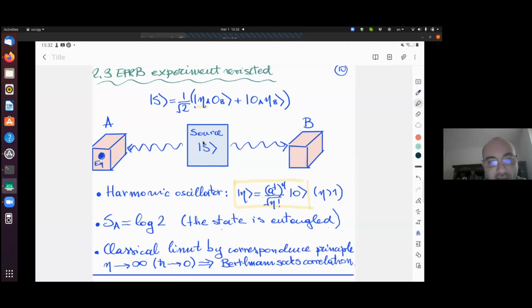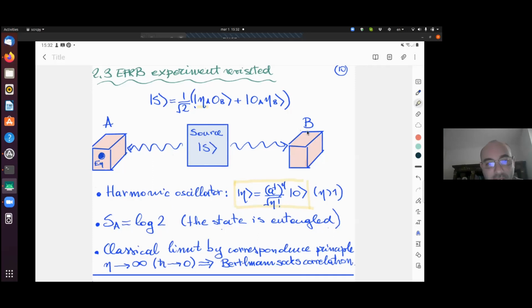Once again, we split the system, which gets measured in different locations, A and B. In region A we can access particle A, and in region B we can access particle B. I denote this particle, which is really a particle inside a harmonic potential, like a ball, of course just for the sake of the drawing, with energy E_eta.